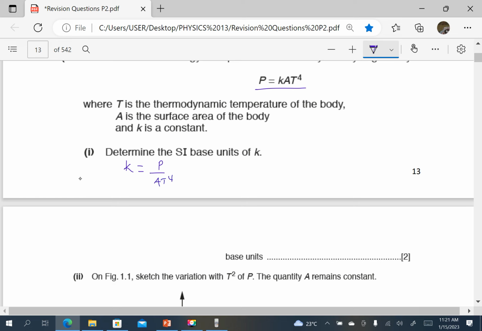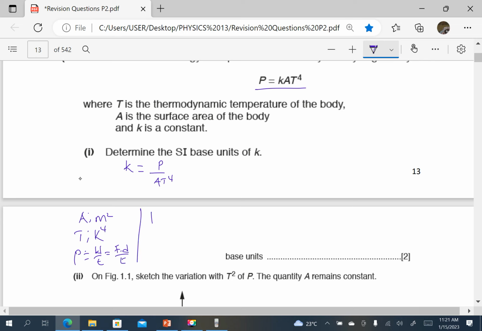A is area, the base units of A are going to be meters squared. T is thermodynamic temperature, the base units are K power 4. And P is power. Power is equal to the work done over time, and work done is force times distance over time.